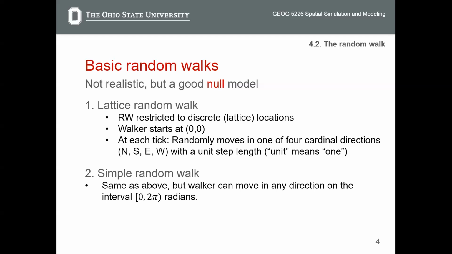So 0 is 0 degrees, 2 pi is 360 degrees, in radians. So here it means that if your direction is 0, you will go along the direction that you are now facing, which means there is no change of direction. If it is another direction, then you choose a direction from 0 to 2 pi.